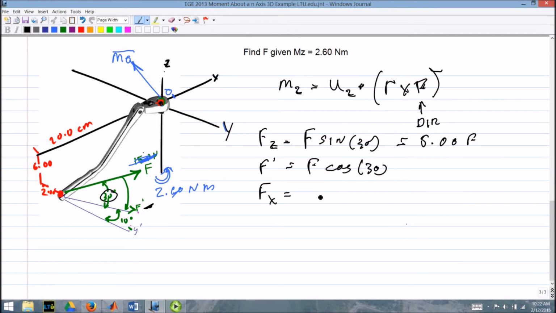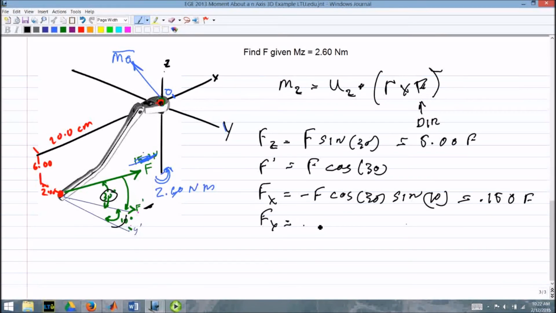Fx equals, and because this is going in the minus x direction, negative F cosine of 30 times the sine of this 10-degree angle here, and that's equal to negative 0.150 F, and the y component equals, and this is going to be positive, F cosine 30 for my projection times the cosine of the 10 degrees, and that's equal to 0.853 F.